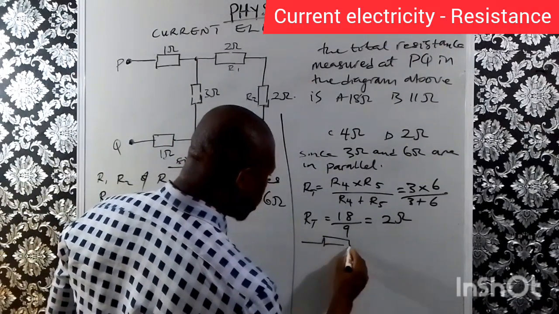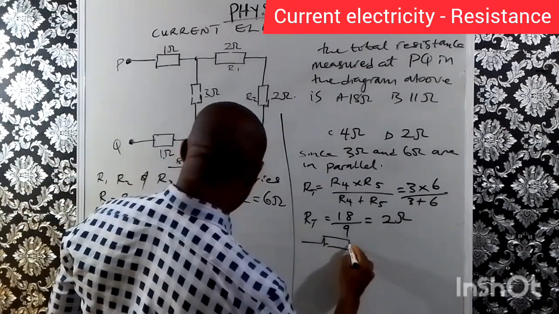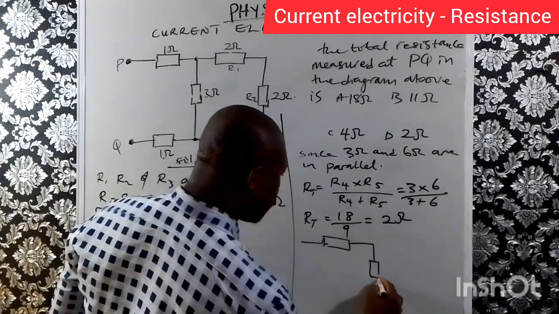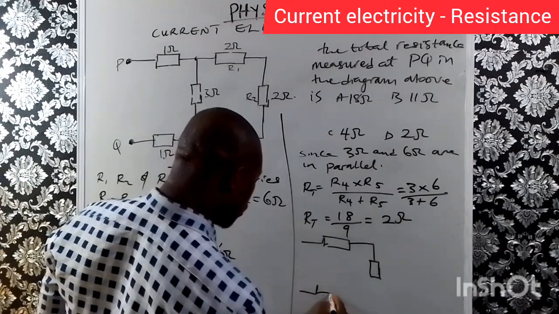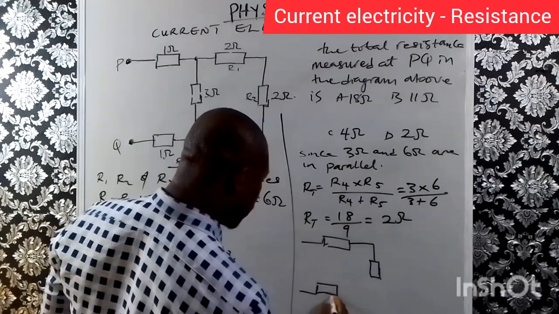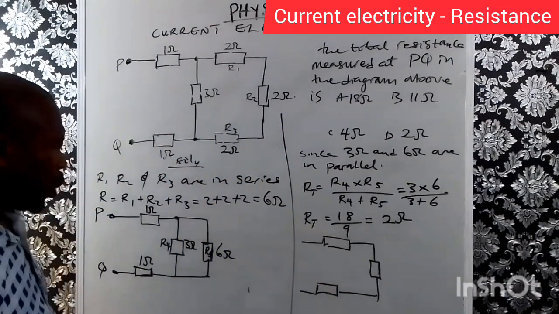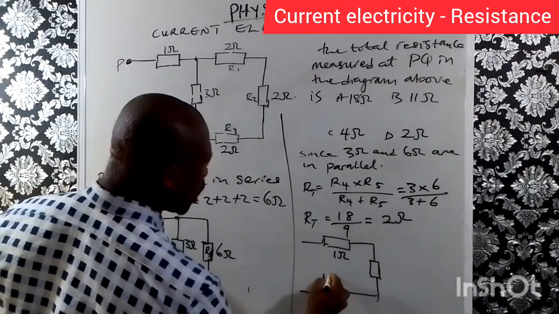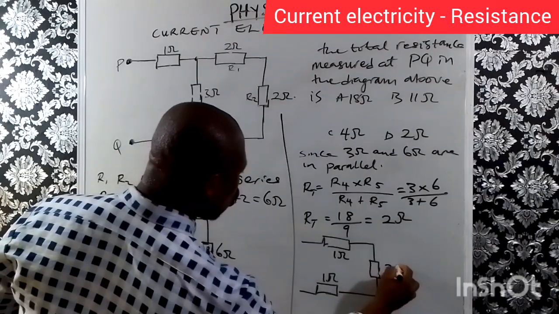This is the resistor, and down here another one here. Then this one will give us like this, and then we come down here. So here we still retain 1 ohm. Here we retain 1 ohm. Then here we retain 2 ohms.